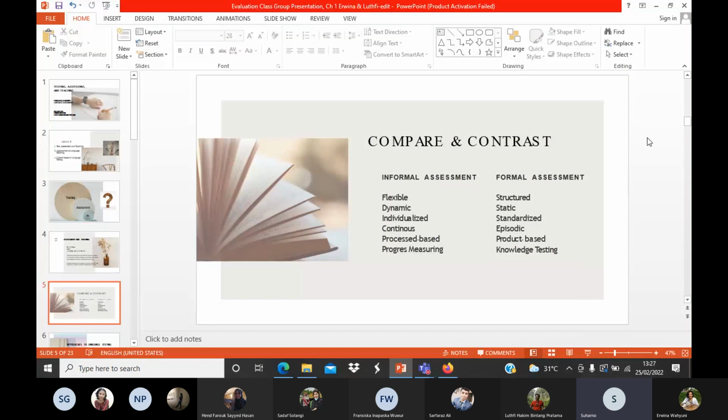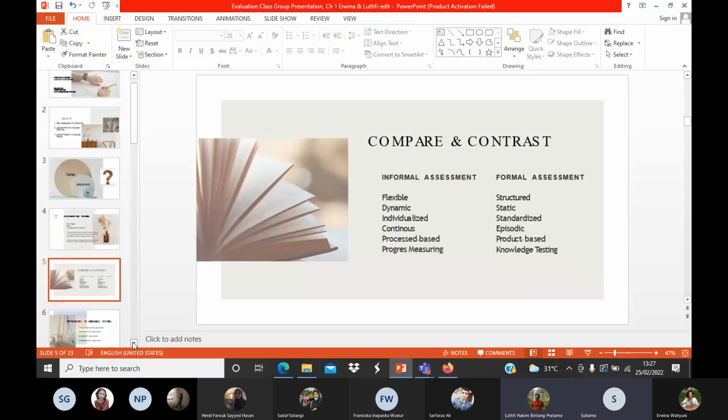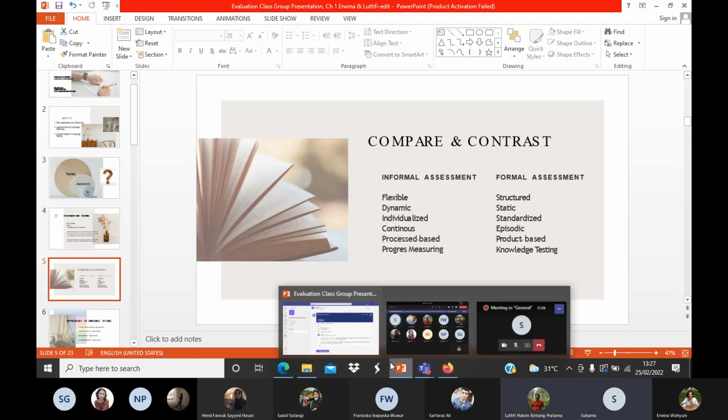Okay, I will continue. Slide six, compare and contrast between informal and formal assessment.